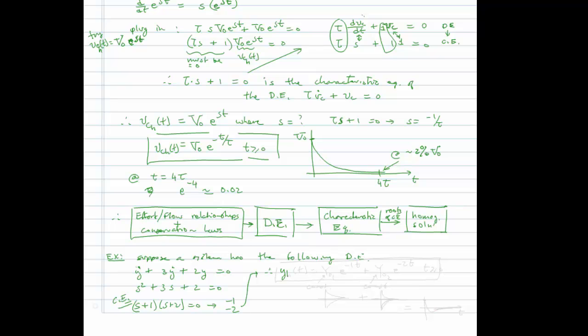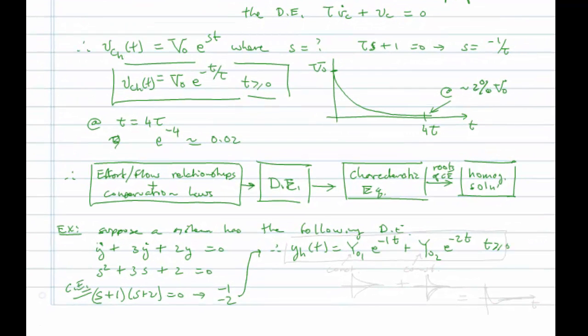Therefore, the homogeneous solution has the form, I'll call it y01 e to the minus 1t plus y02 e to the minus 2t, where y01 and y02 are constants that would be determined from initial conditions.